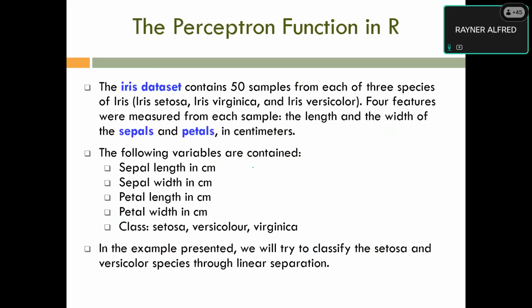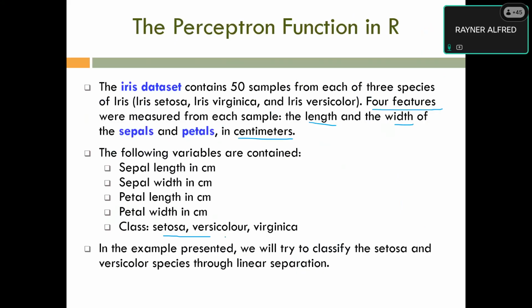Okay, let's take a look at some of the practical work that we can do for the perceptron function in R. So we will use the iris data set containing 50 samples. In this data set, we have 4 features, and we have the length and the width of sepal and petal in centimeters.